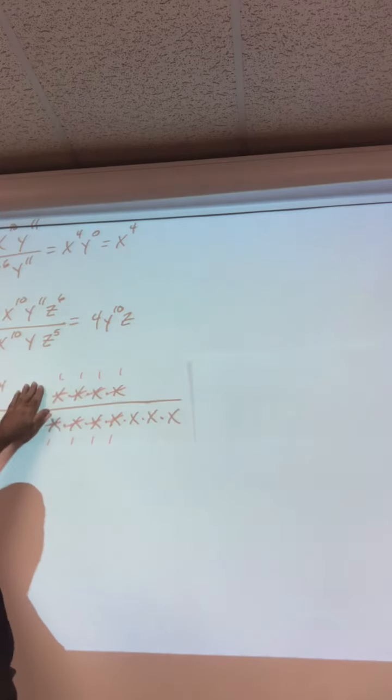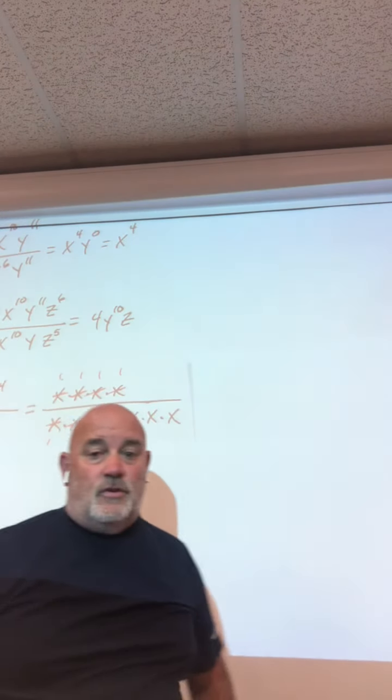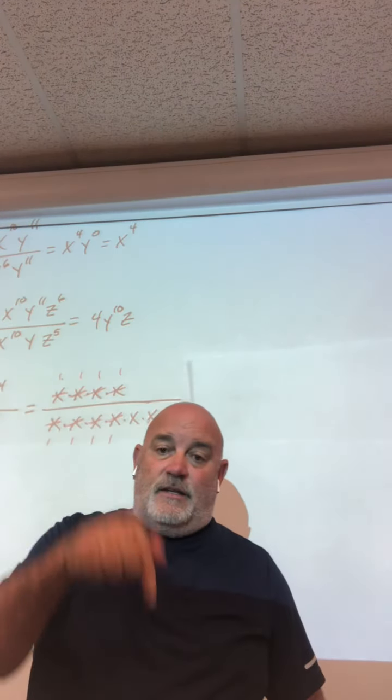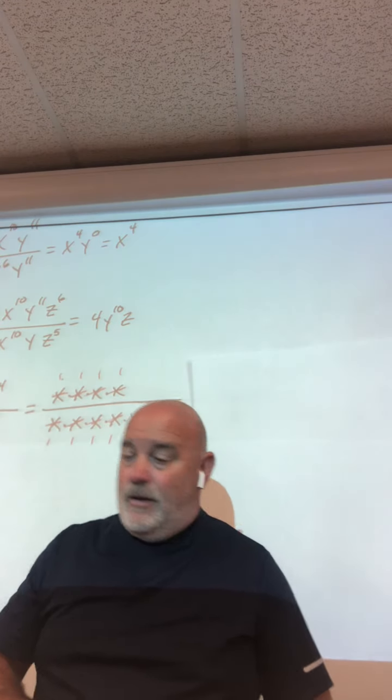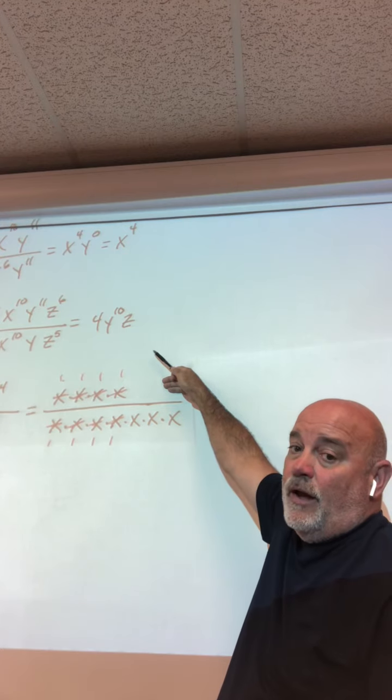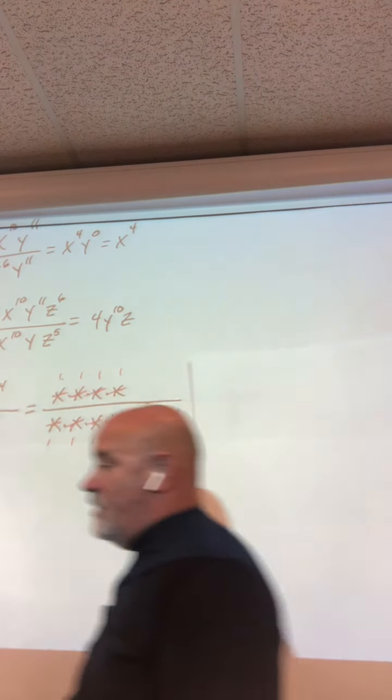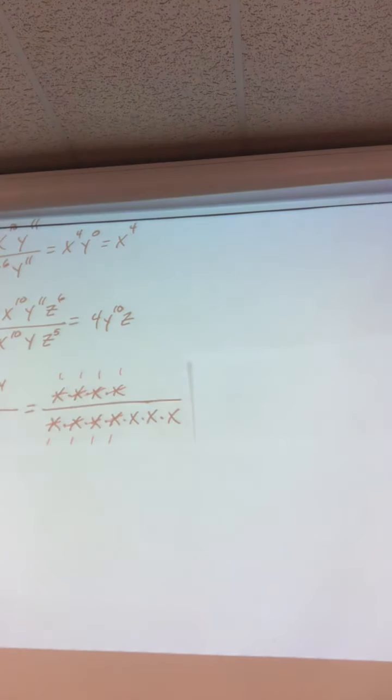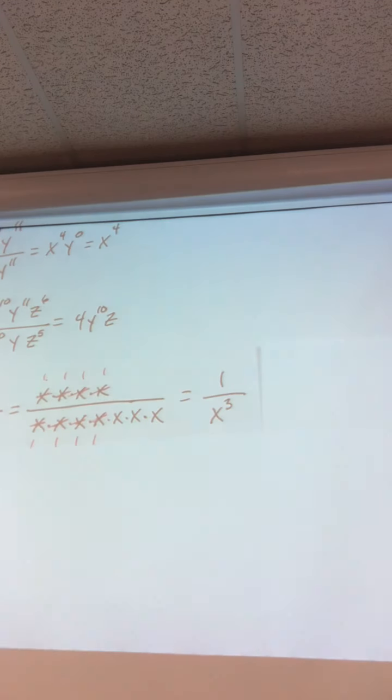Now, what's left in the numerator? Nothing but 1s. When a 1 is left in the denominator, you don't have to write it. But when a 1 is left, and that's all that's left in the numerator, you must write it. So the answer to this is 1 over x to the 3rd.